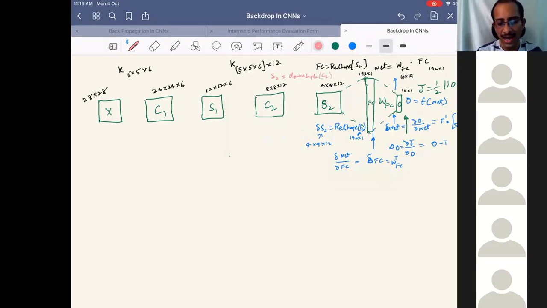Corresponding map S2K is a downsample of C2K, right? Corresponding map we just downsample, or pool, max pool of C2. I am not writing which pool, but it can be any pool: max pooling or average pooling or whatever. Pooling of C2 comma K.